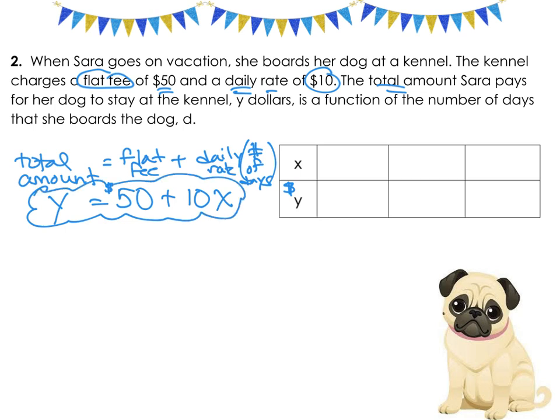So basically what they want you to do is write this to represent the function. So all you need to do is just write kind of like what I did up top instead of like number 1, but if you wanted to, you could.